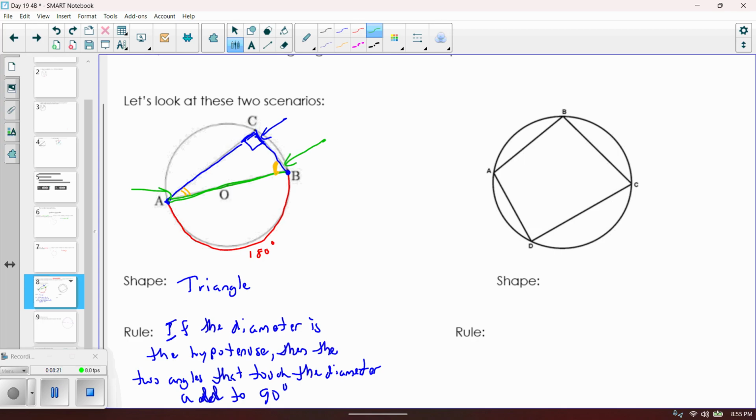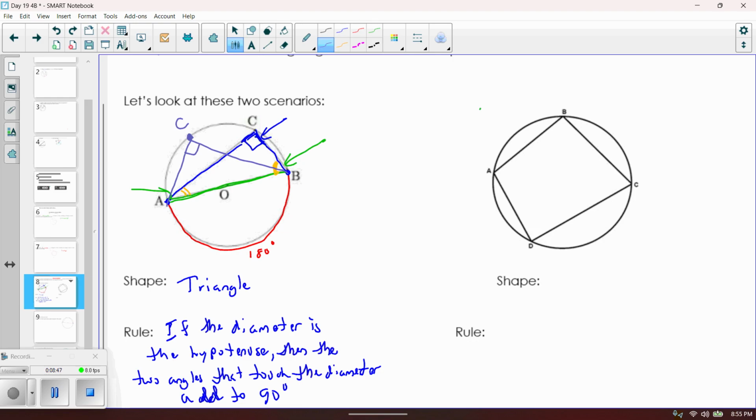Now, the interesting thing about this, if you really think about it, is that if I move C from where it was, maybe I put it up over here, and I were to draw a new triangle hitting A and B, you don't have to draw this on your paper, anywhere that I put C, as long as A to B is the diameter, is going to create a right angle.